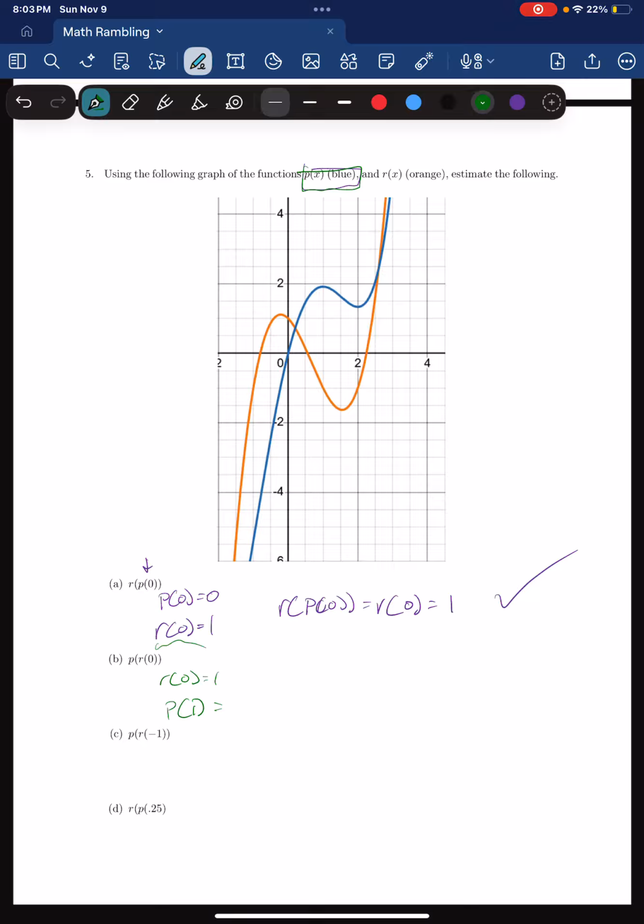Now we need to find the y value when x equals 1. So here's 1, and let's meet the blue line. The blue line is right here. Okay, so that's slightly less than 2. We'll call it 1.98.